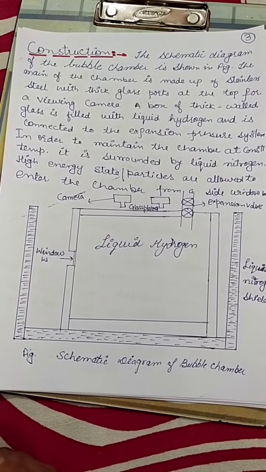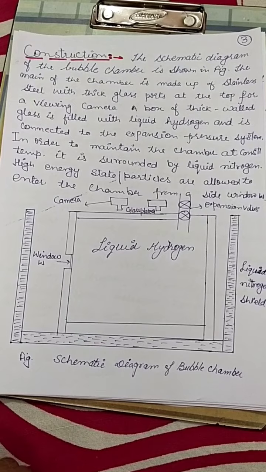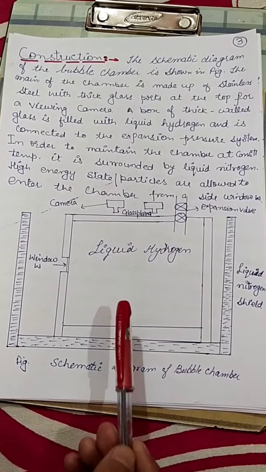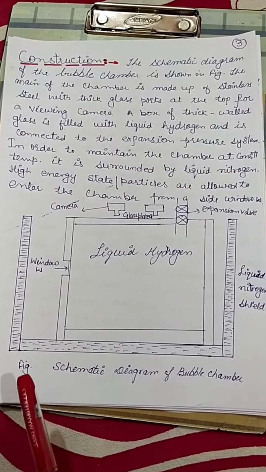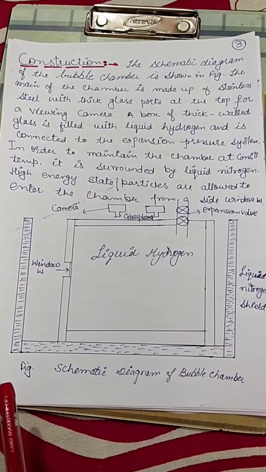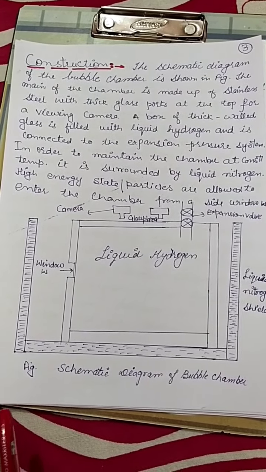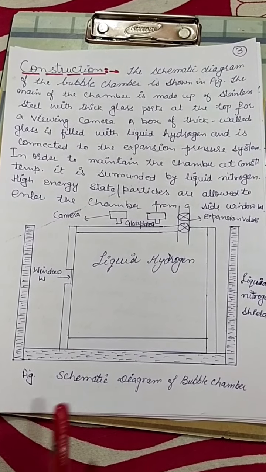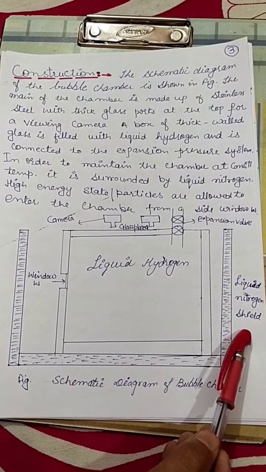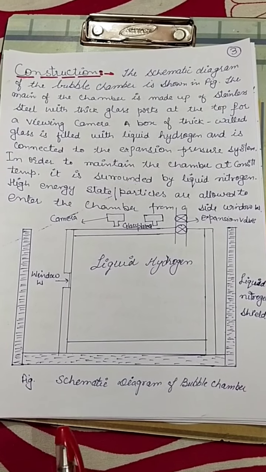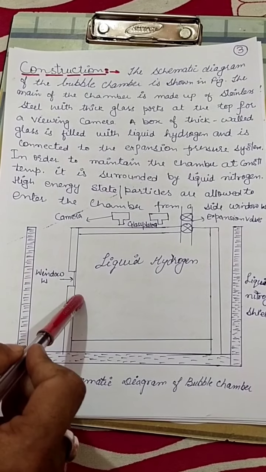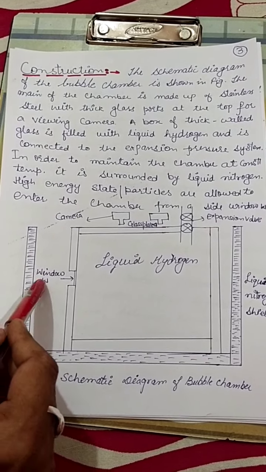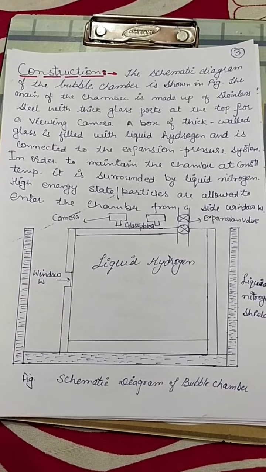A box of thick-walled glass is filled with liquid hydrogen and is connected to the expansion pressure system. In order to maintain the chamber at constant temperature, it is surrounded by liquid nitrogen, which is shielded here. High energy particles are allowed to enter the chamber from a side window W.